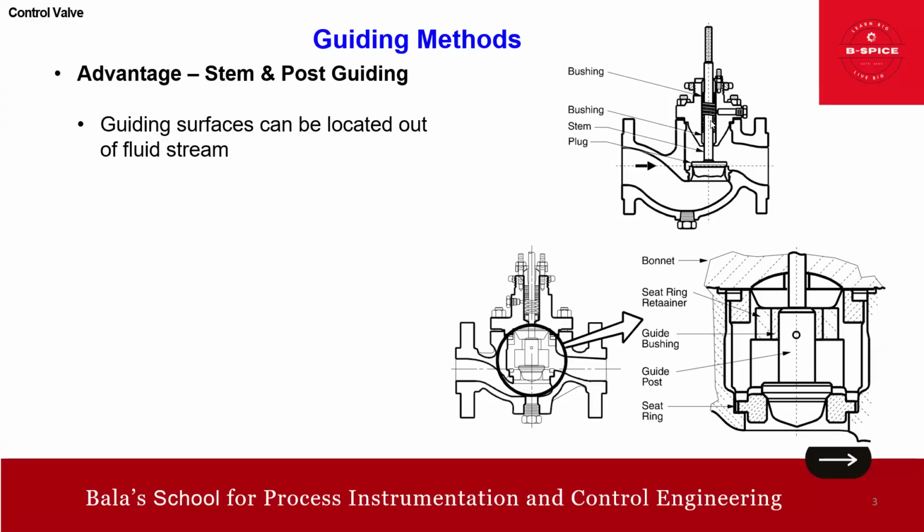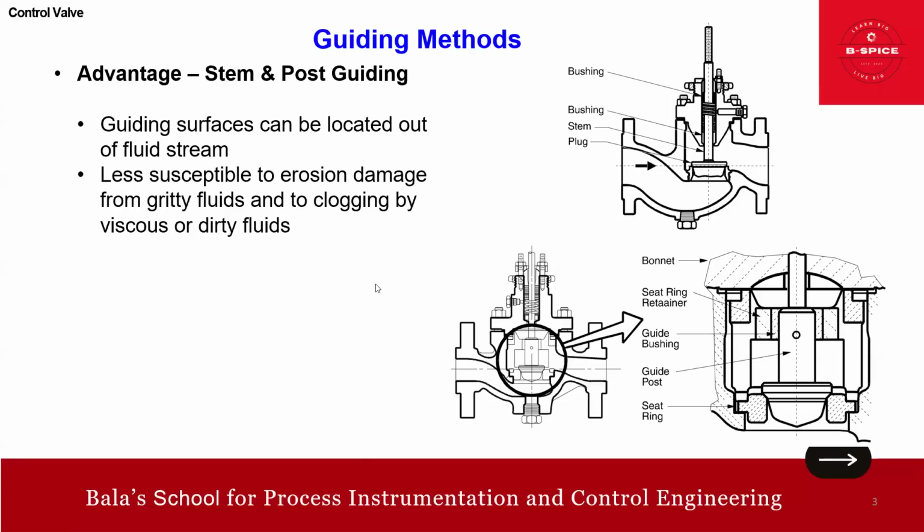That is the beauty of this. As a result, it is less susceptible to erosion damage from gritty fluids and clogging by viscous or dirty fluids. Obvious, right? So that is the advantage.